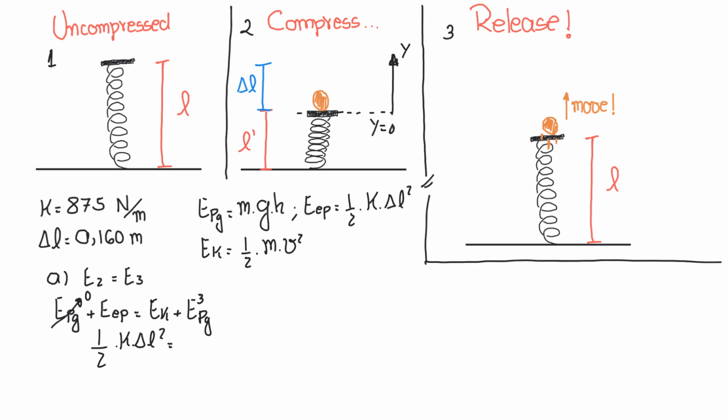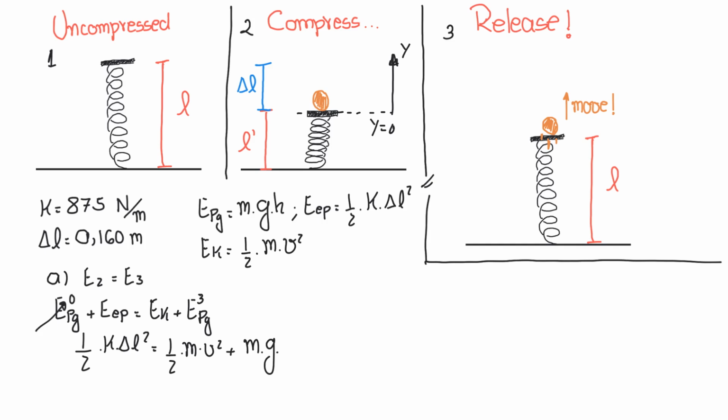On the right-hand side, we have something else. For the right-hand side, we have the kinetic energy, which is 1/2 m v squared, plus the gravitational potential energy, which is m times g times the height of the ball in situation number 3.